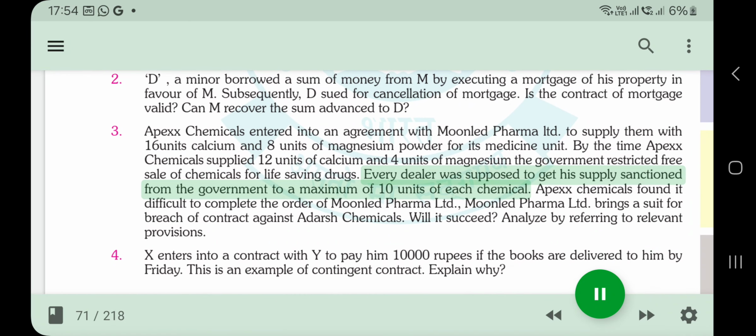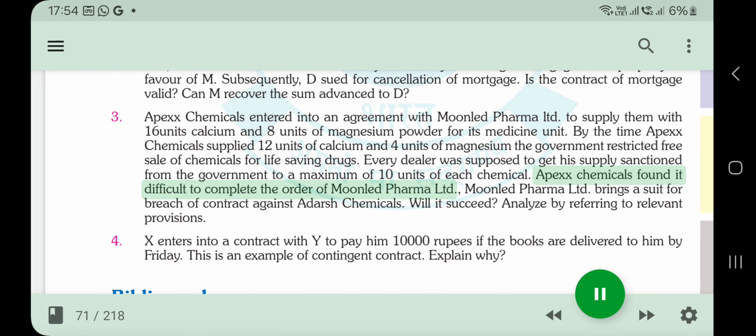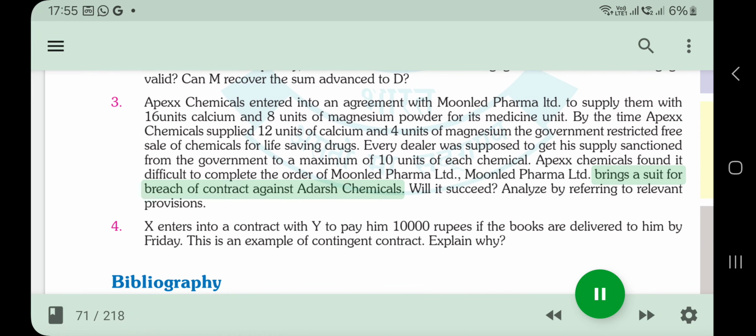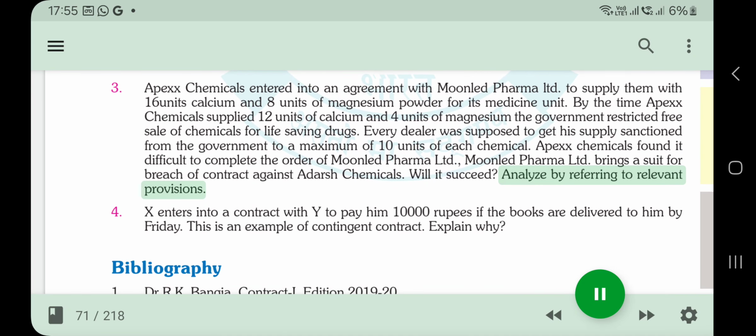Every dealer was supposed to get his supply sanctioned from the government to a maximum of 10 units of each chemical. Apex Chemicals found it difficult to complete the order of Moonled Pharma Limited. Moonled Pharma Limited brings a suit for breach of contract against Adarsh Chemicals. Will it succeed? Analyze by referring to relevant provisions.